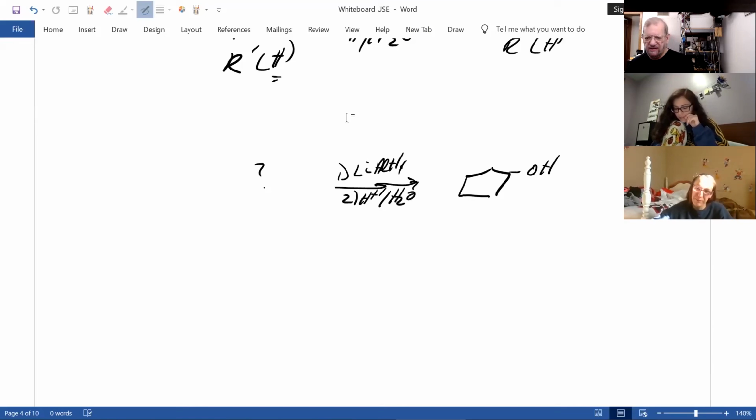What's different here? Carbon with a hydroxyl group.